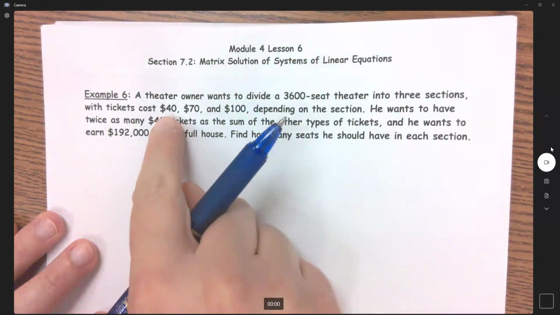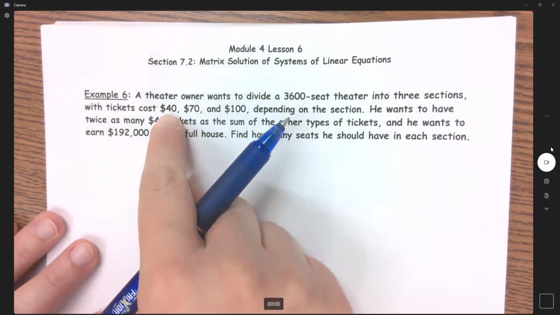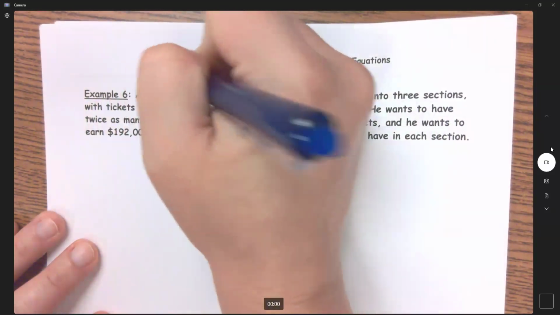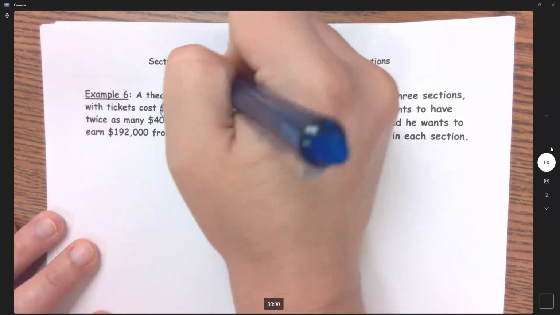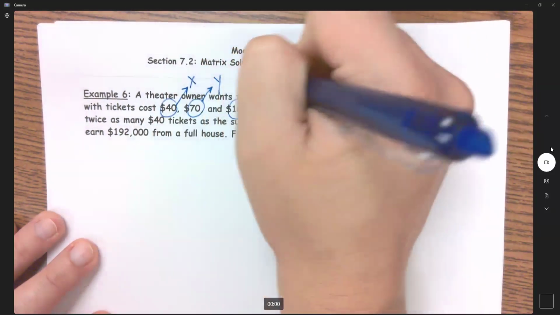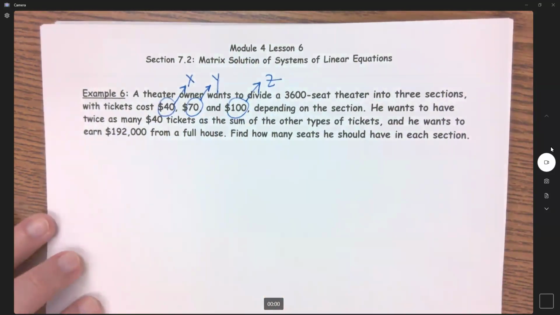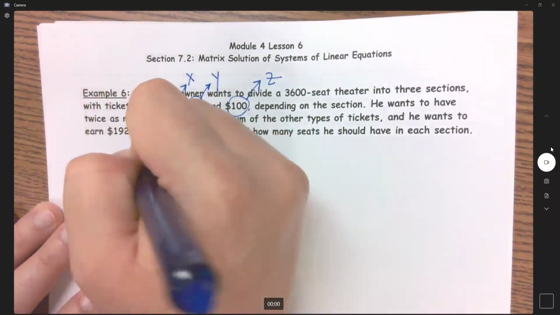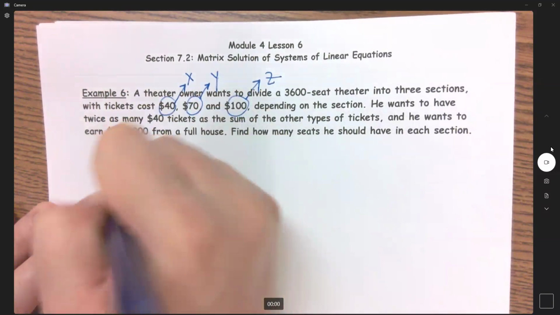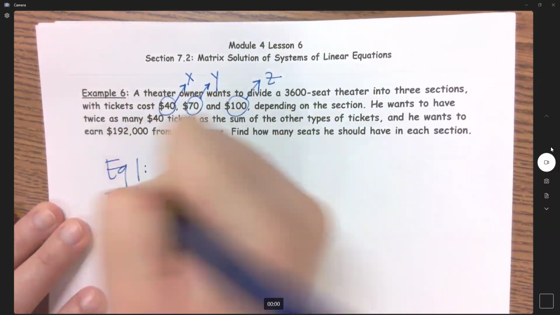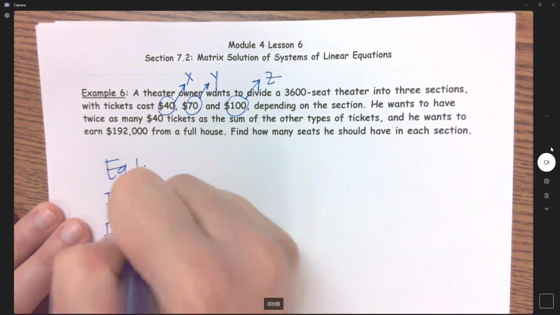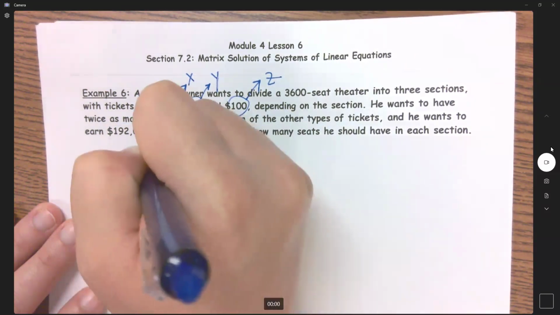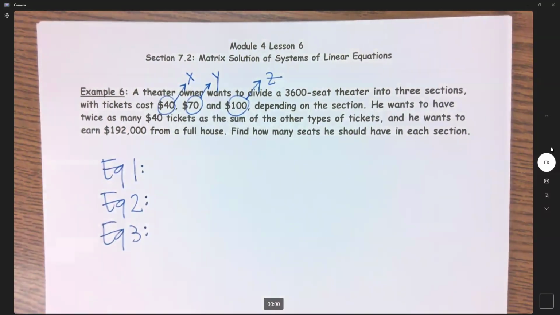You can make this be F, S, and H if you want, but this one's not too bad to just call X, Y, and Z. So I'm just going to go ahead and do X, Y, and Z. Because we have 3 different types of tickets, I should have 3 equations that I am setting up.